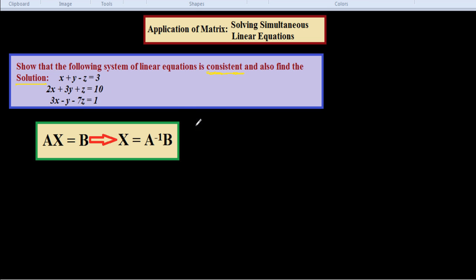I will explain A, X and B first, then I will explain this assumption again.